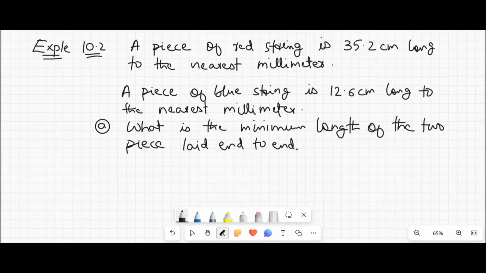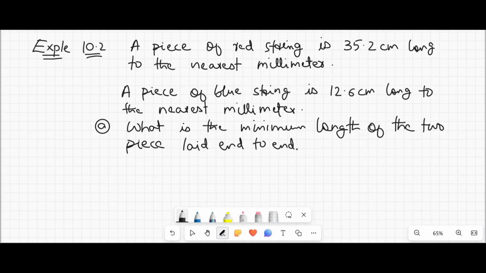So now the question says a piece of red string is 35.2 centimeter long to the nearest millimeter. So here the nearest millimeter is the accuracy, and 35.2 centimeter is our red string, and a piece of blue string is 12.6 centimeter long to the nearest millimeter. So we have accuracy is 1 millimeter.